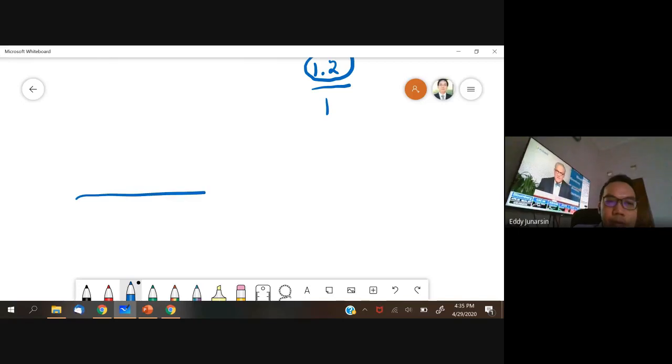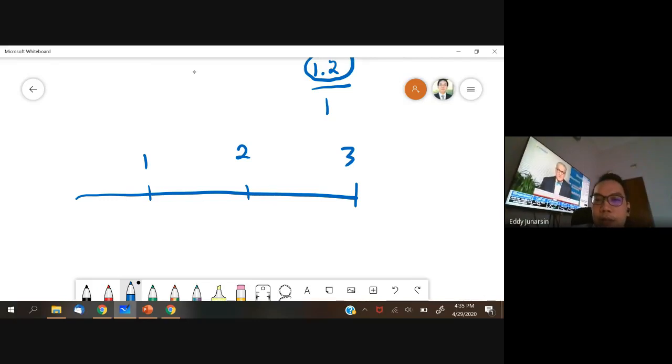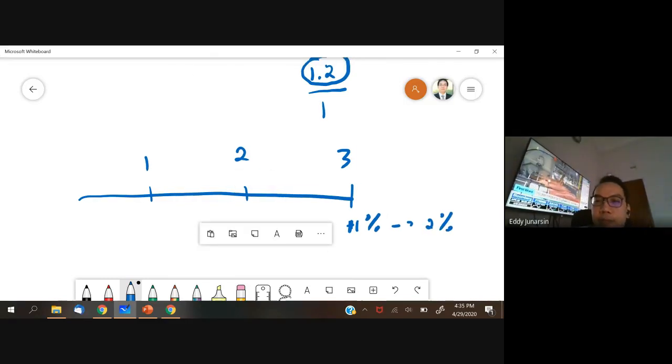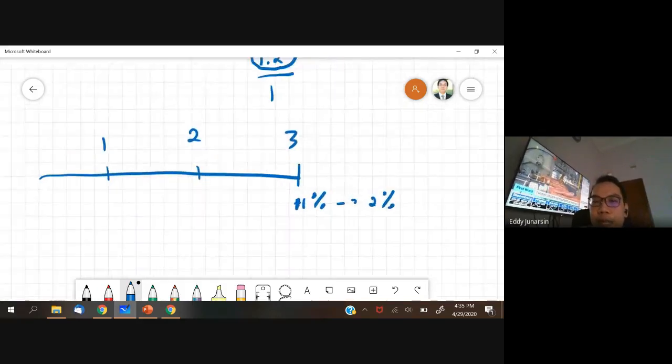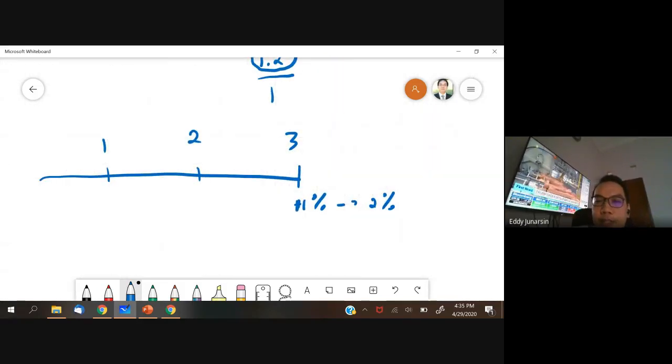Maybe I do it again. Here, we have 3 scenarios. If it is 11%, this will give you 2%, because the cap rate is 9%. But if this is 9%, you gain nothing, let alone 7%.